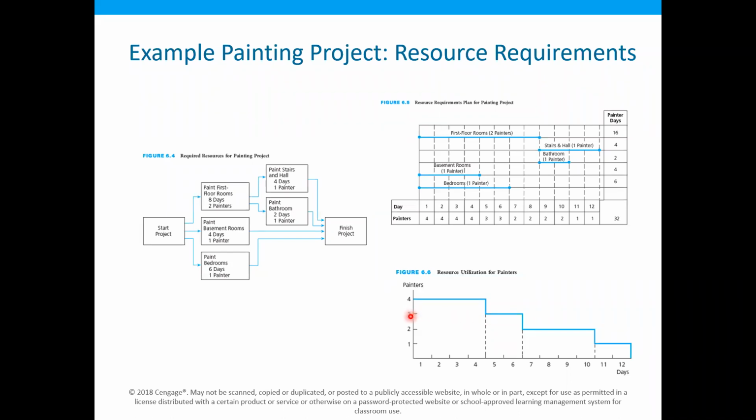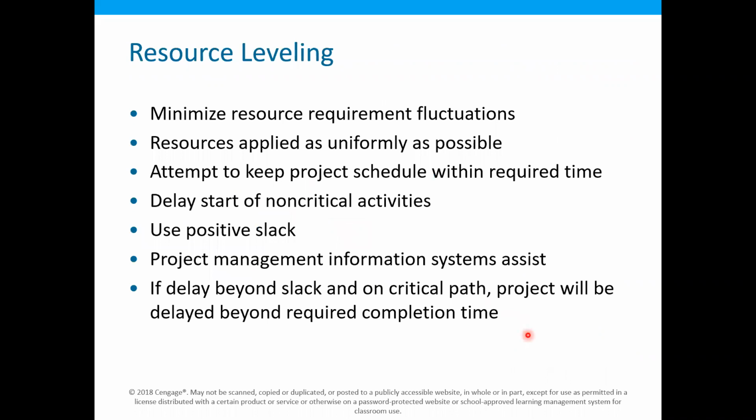Okay, so a more smoothed out resource utilization plan should be achieved. And this type of smoothing of the resource utilization plan is called resource leveling. Resource leveling is the minimization of the resource requirement fluctuations.